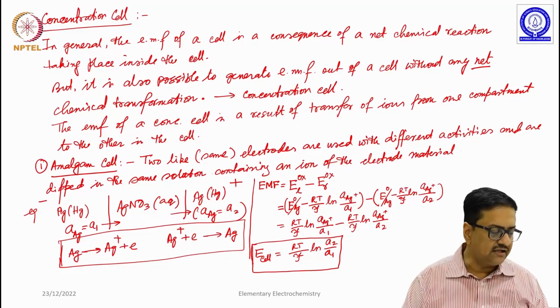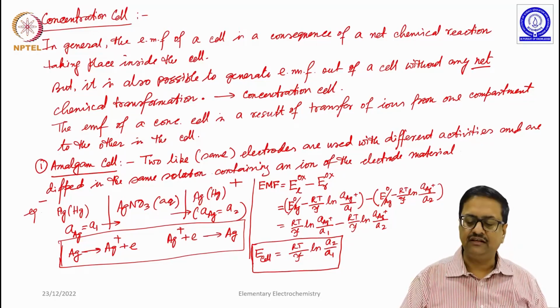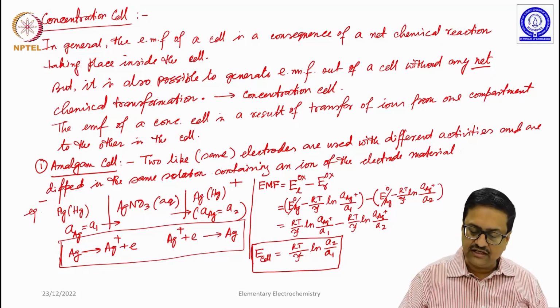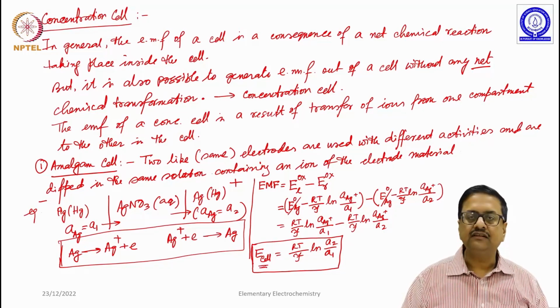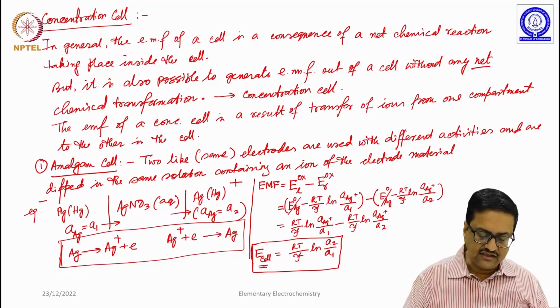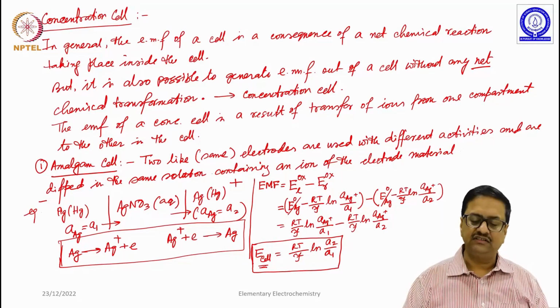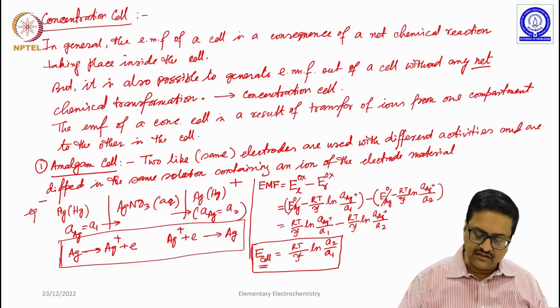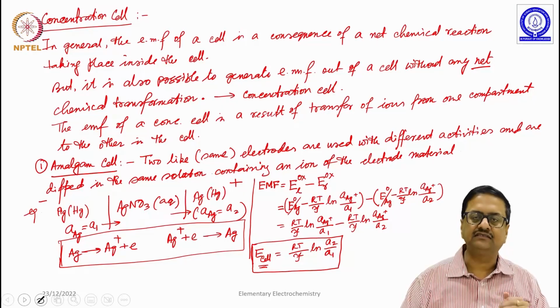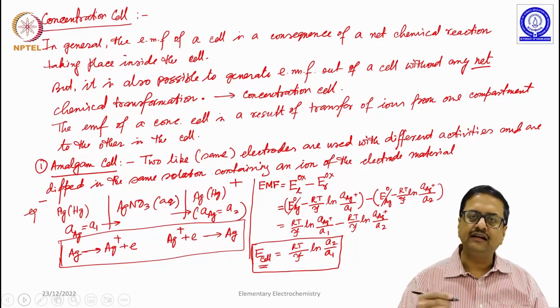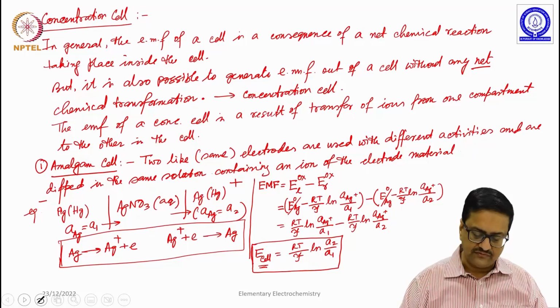So, there is a net transfer of silver from left to right, and that transfer is controlling the EMF of the cell. So, that is why this is a concentration cell where the difference in concentration gives rise in the transfer of silver ion from one side to the other, and it generates the corresponding EMF of the cell.